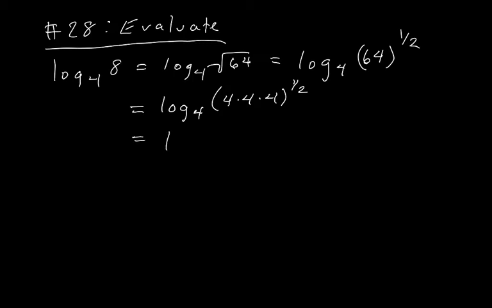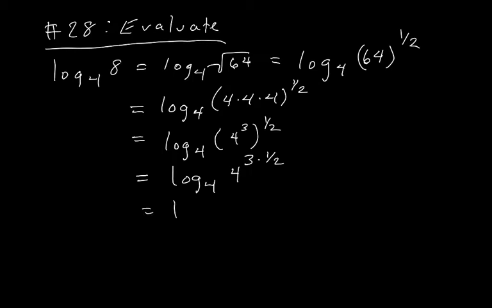So writing that as a power, I have 4 to the 3rd to the 1/2 power. And then from there, by the laws of exponents, I can write the power to a power as just a multiplication of their powers.